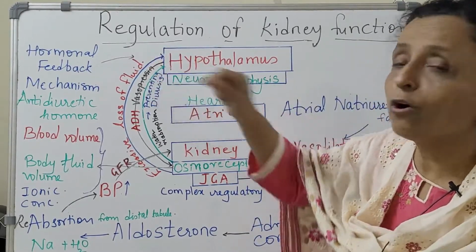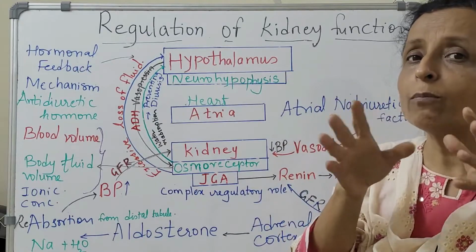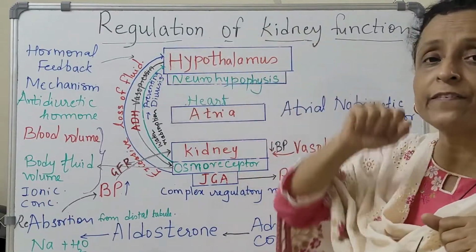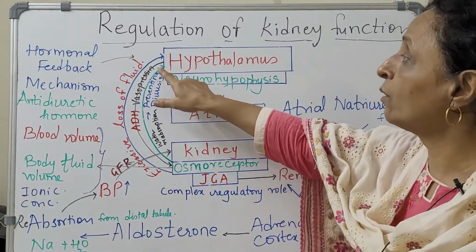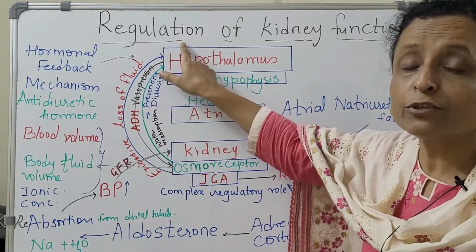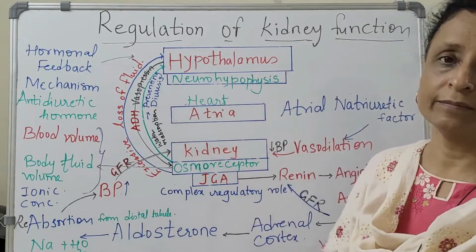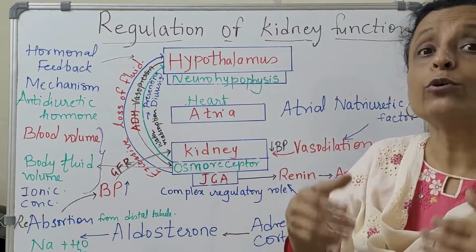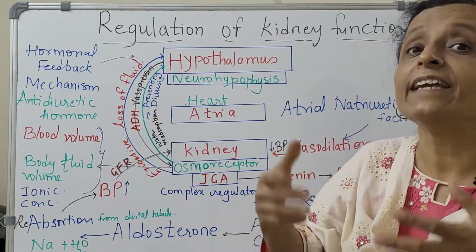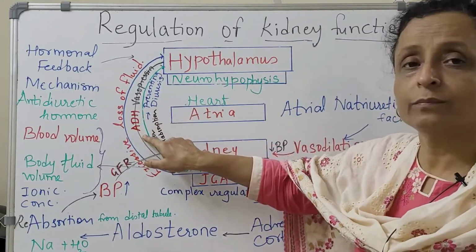Which hormone? The neurohypophysis releases vasopressin. It releases oxytocin also, but here, which hormone is released? Vasopressin, also known as ADH, antidiuretic hormone.